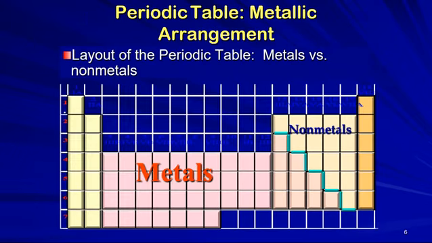Now let's see how elements can be classified as metals and nonmetals in the periodic table. See, the elements which are in yellow, these are the elements in group number 1 and group number 2. These are all metals, except hydrogen, of course.